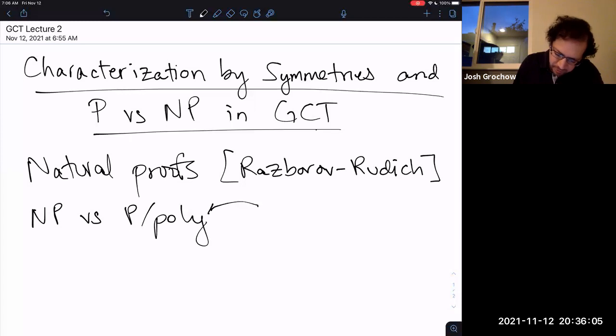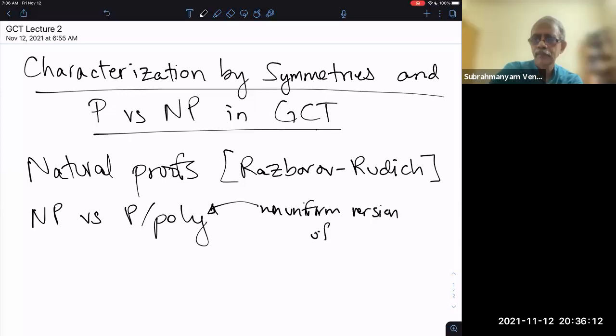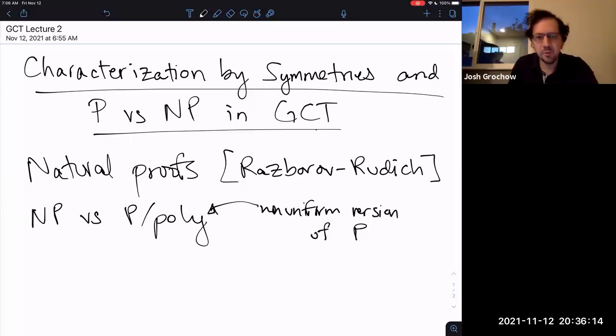This is a non-uniform version of P. A Turing machine is uniform in the sense that there's one machine for all possible inputs. Here, we have a different machine for each input size, but you still want those machines to run in polynomial time. Or if you talk about them as circuits, as computer scientists often do, they should have polynomial size.